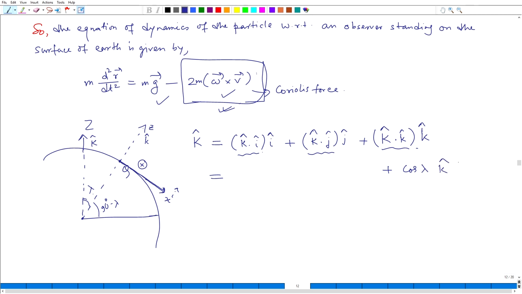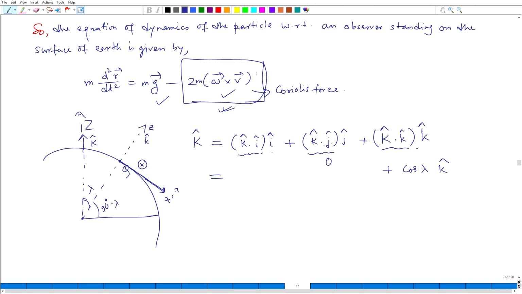Now, the y direction is perpendicular, the inward direction to the plane of the paper, so K dot j cap will be 0. And what will be this one?